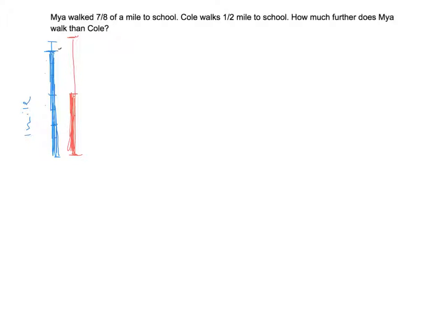In other words, what is this distance right in here? So this implies that we have a subtraction problem to deal with: 7/8 minus 1/2 in order to figure out what this black little section here is.